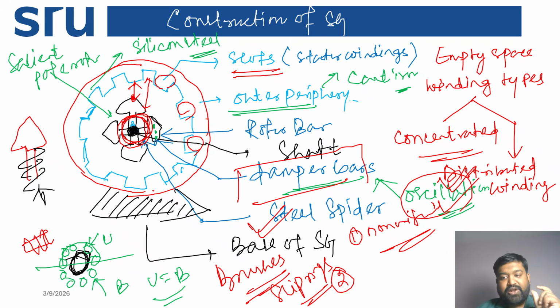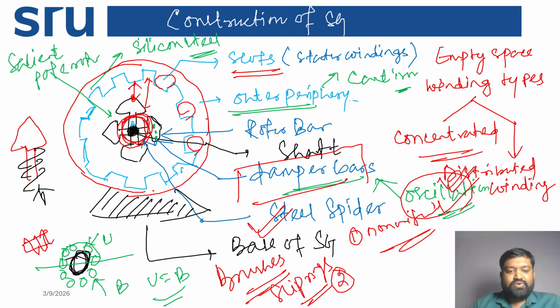We know the brushes are made up of carbon, and the slip ring is the conducting material we use to provide the AC supply. Now you see the construction of the synchronous generator in case of the salient pole rotor.